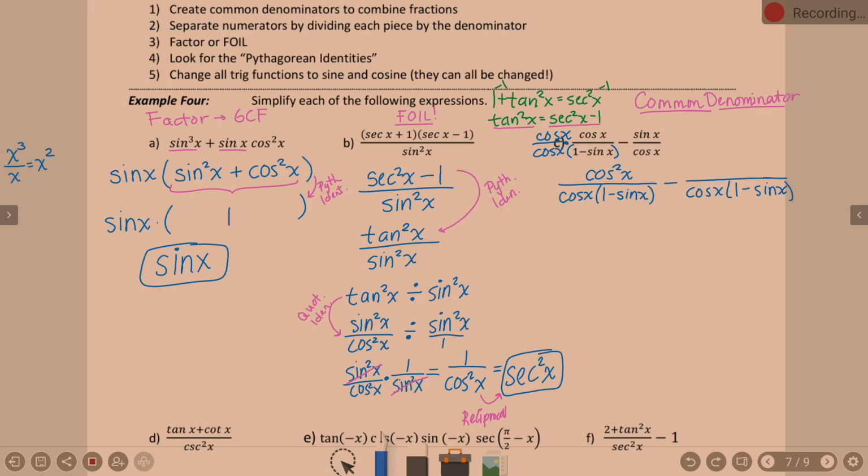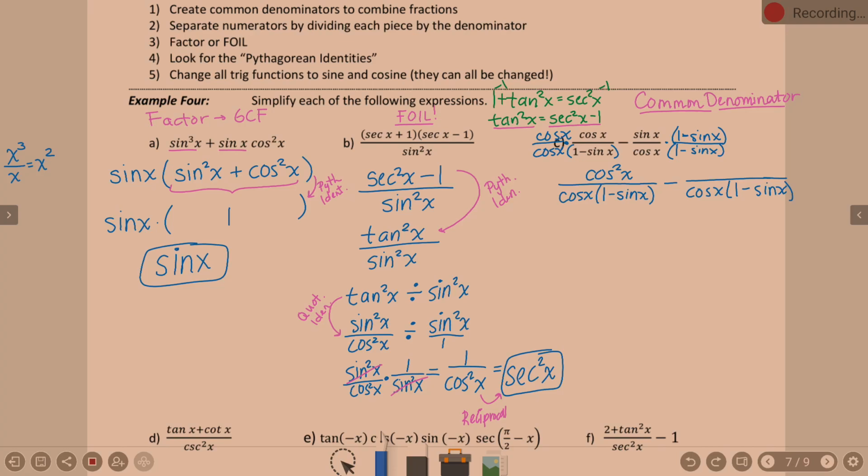Okay, second fraction has a cosine x in the denominator. What piece of the denominator am I missing? I'm missing the 1 minus sine x. If I'm going to multiply that denominator by 1 minus sine x, guess what? We got to multiply that numerator by 1 minus sine x.